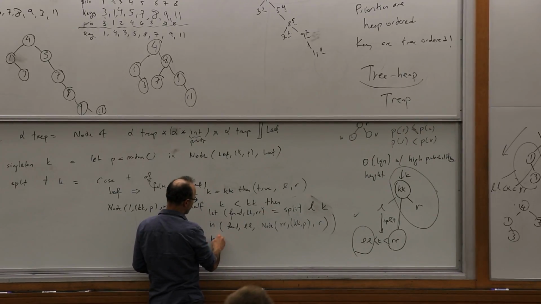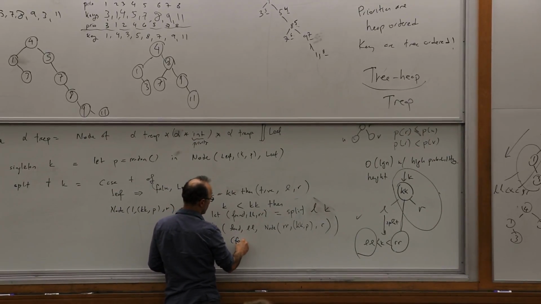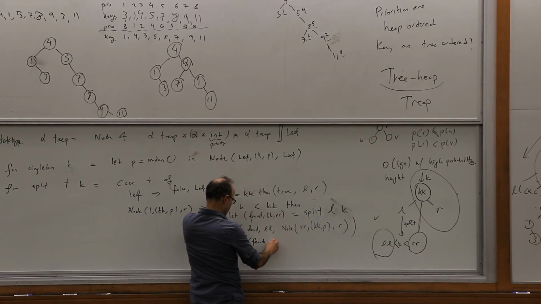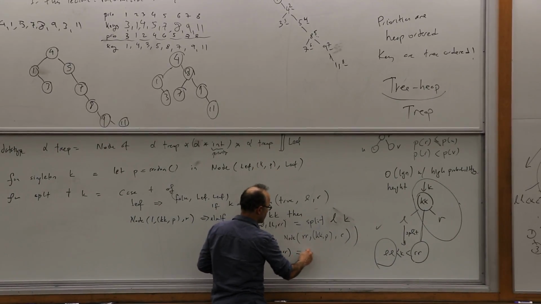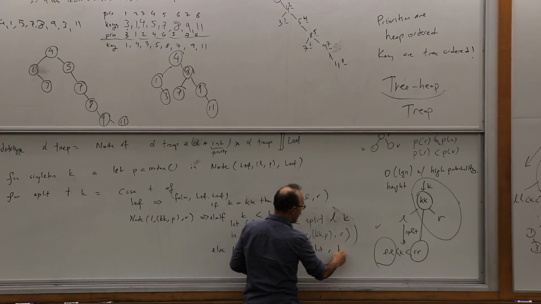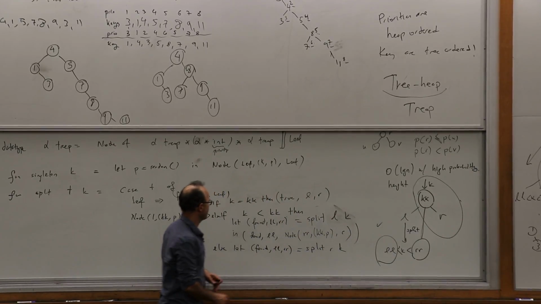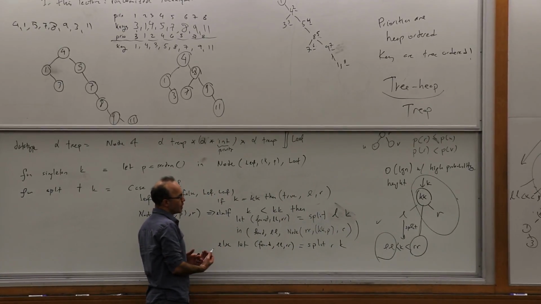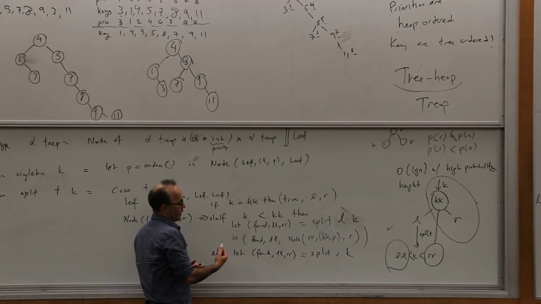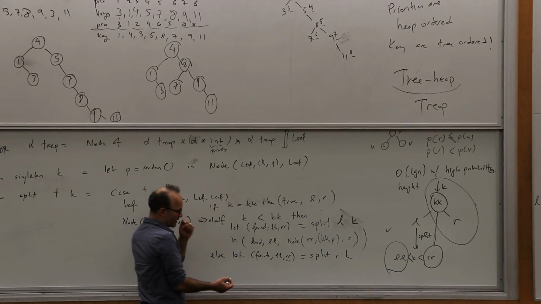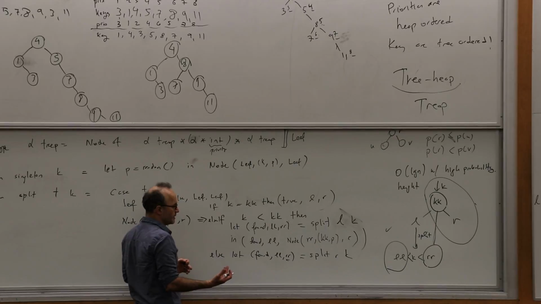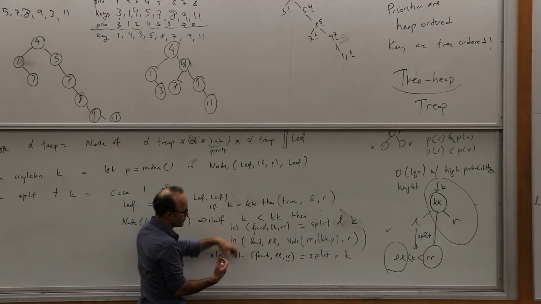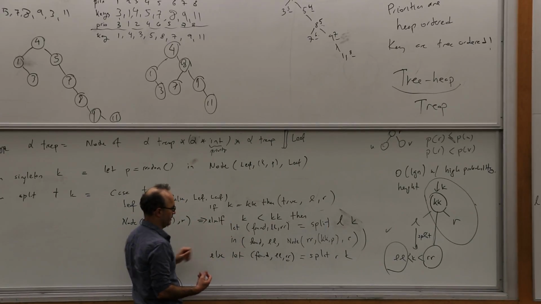Let's split the other part. Let found, LL, RRB split RK. So we split the other side. And now what we know is that RR is all the keys that are greater than K. Now for the left-hand side, we have those on the left and LL.